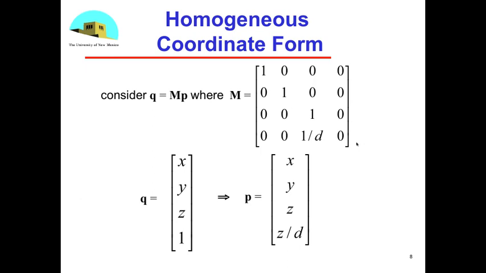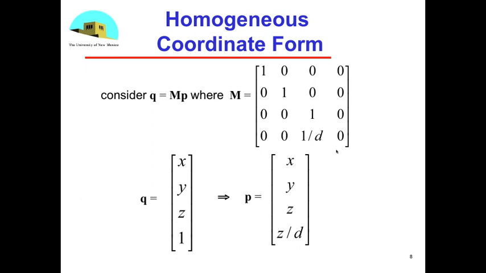Remember, long ago I said in homogeneous coordinates, if it's a vector, the w is 0. If it's a point, the w is 1. But the generalization is that as long as w is not 0, it's going to be a point. But we prefer to have w equal 1 because then I don't have to worry about dividing it out.